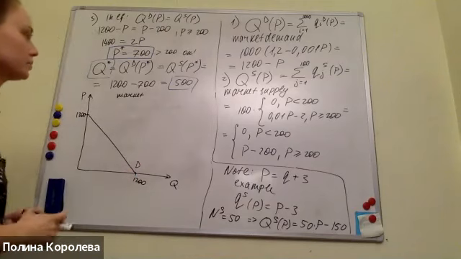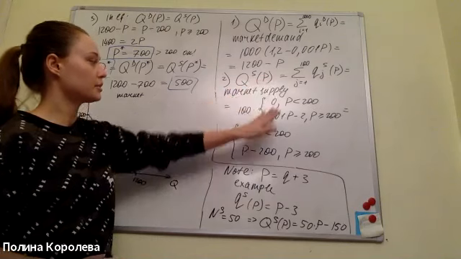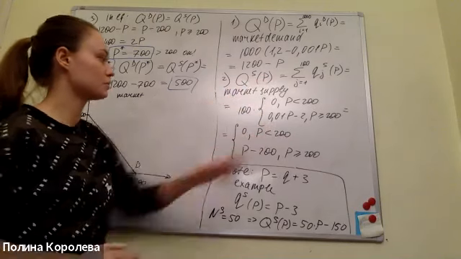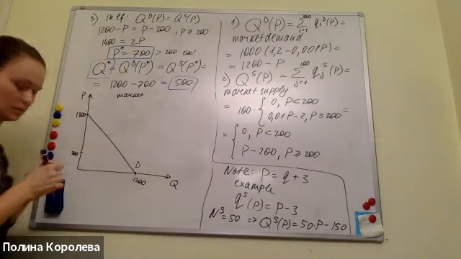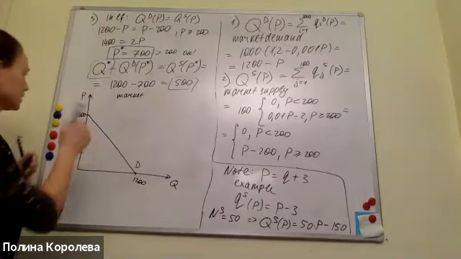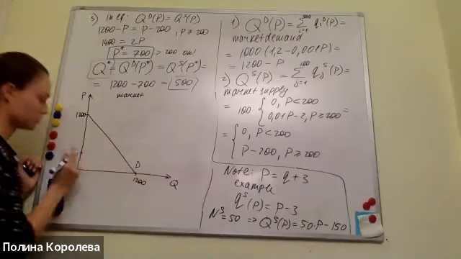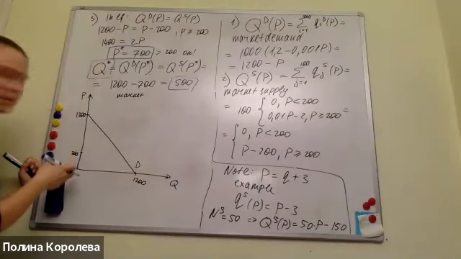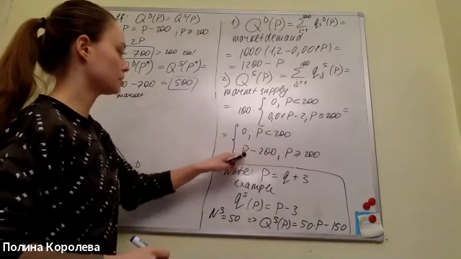What about supply? Market supply. So quantity supplied in the market will be equal to 0 if price is less than 200. So put this 200. And if the price is lower than 200, quantity supplied is equal to 0, vertical part. Then price minus 200.